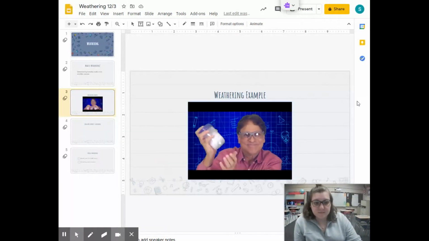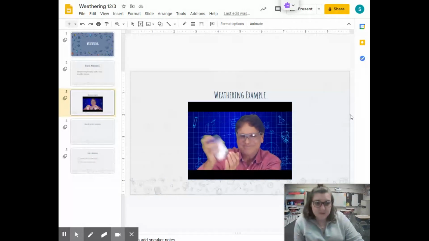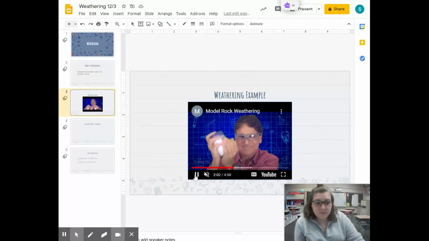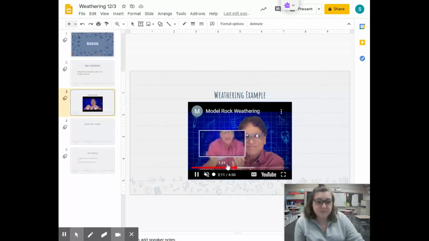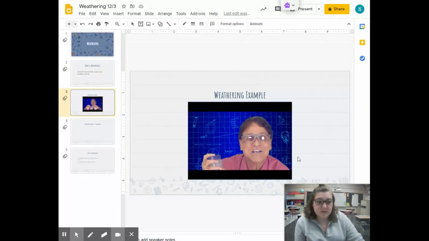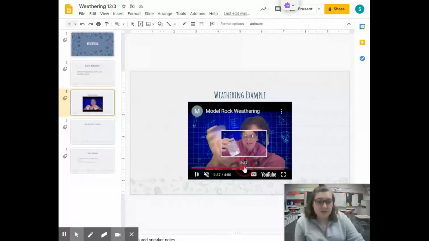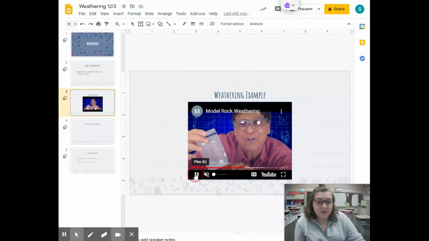As he's shaking, you'll notice that it starts to become very powdery. So he's shaking, shaking, shaking. And when it's done, it looks like a powder substance.